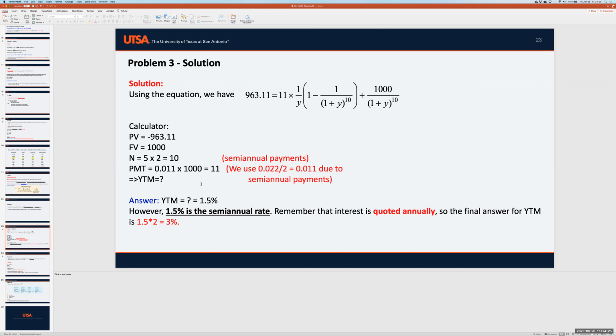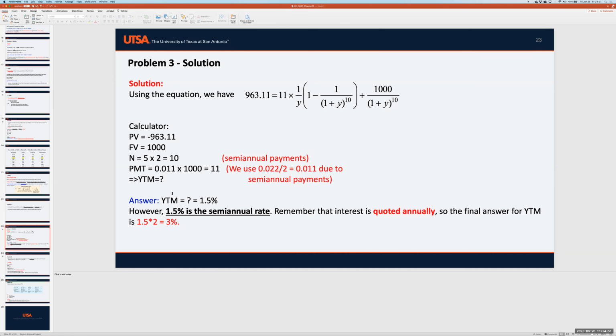So payment is 1.1% of the 1,000 par value. How can we find this 1.1%? This is the annual interest rate divided by 2 due to the semi-annual payments.